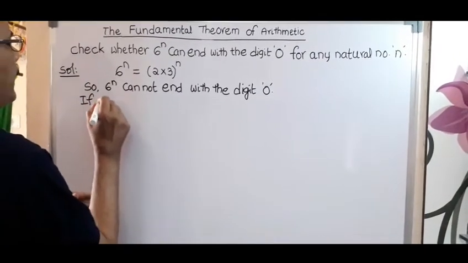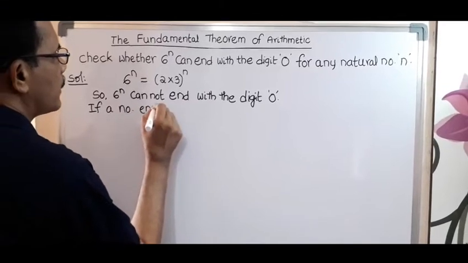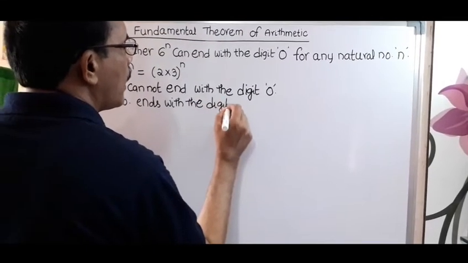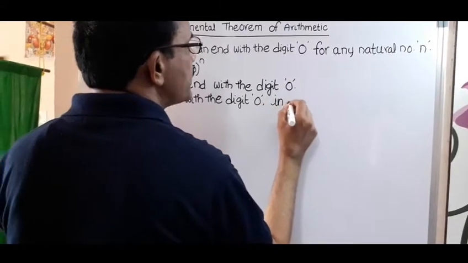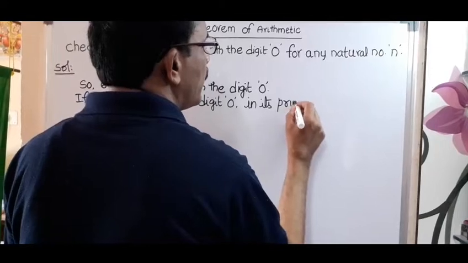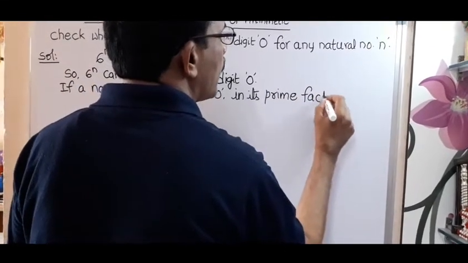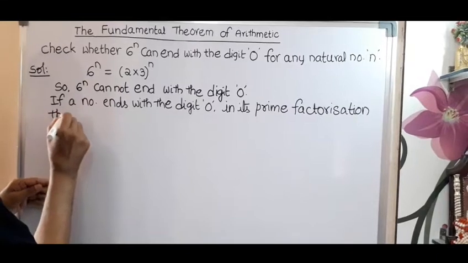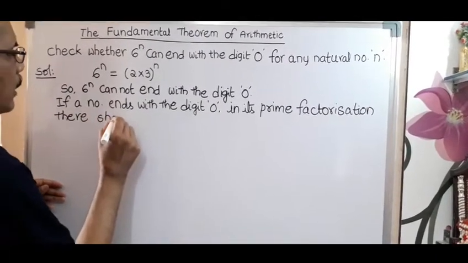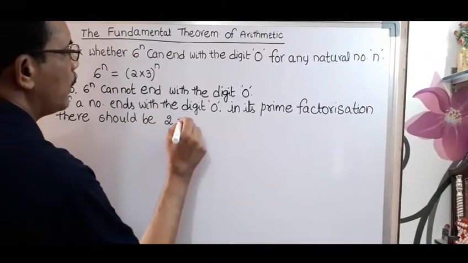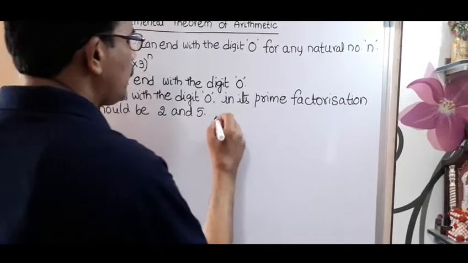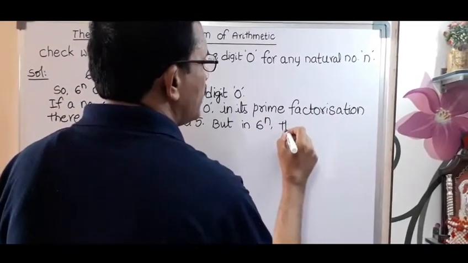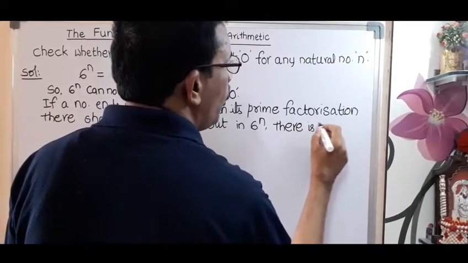If a number ends with the digit 0, in its prime factorization there should be 2 and 5, but in 6 power n there is no 5.